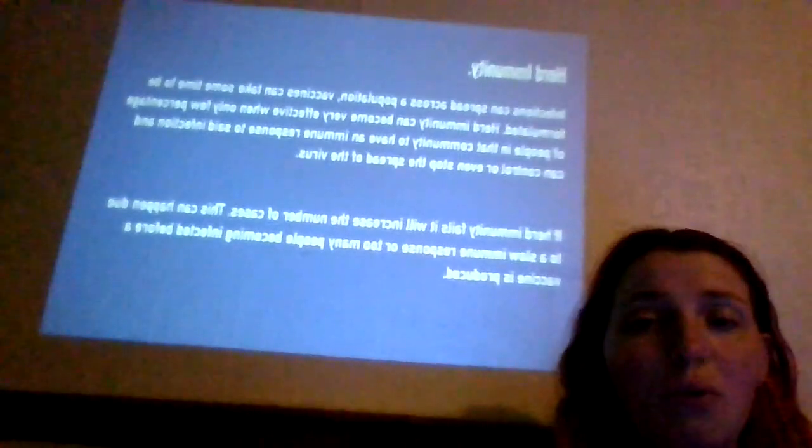You have something called herd immunity. This is what happens when a community is faced with an infection, but more people are vaccinated than not. So it will basically stop the spread as it has nowhere to go. It can obviously fail as well, which increases the number of cases.